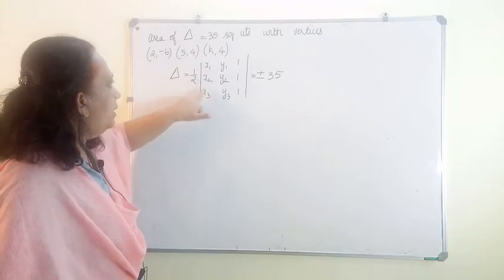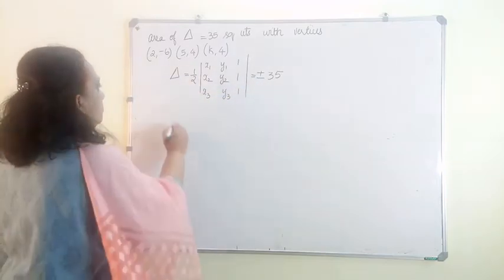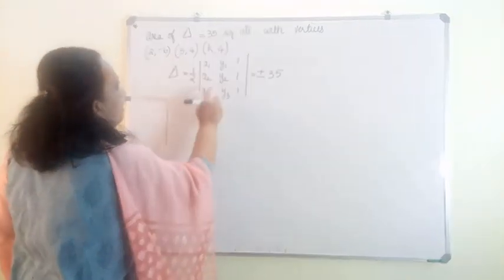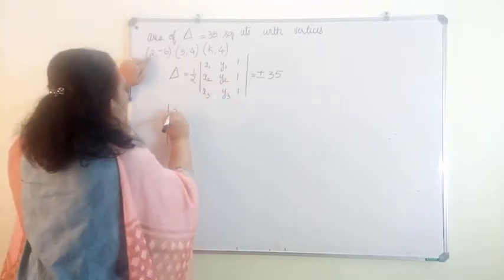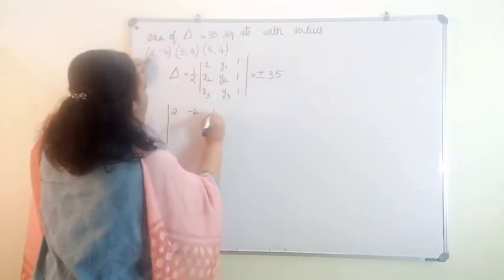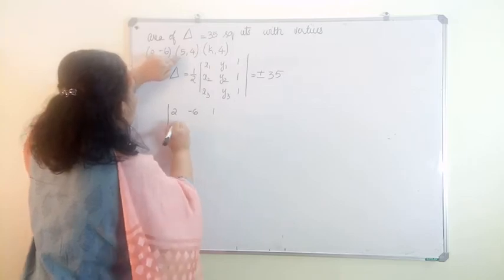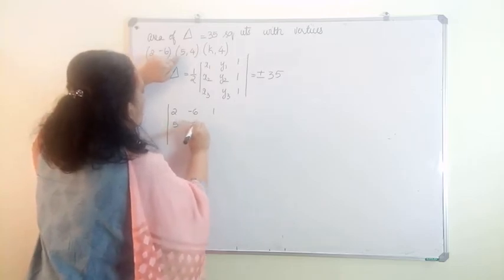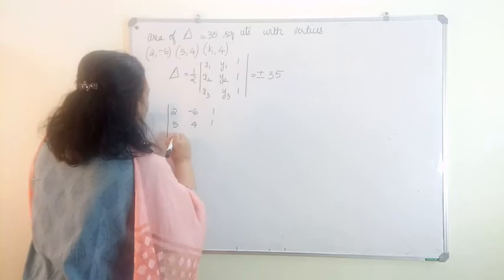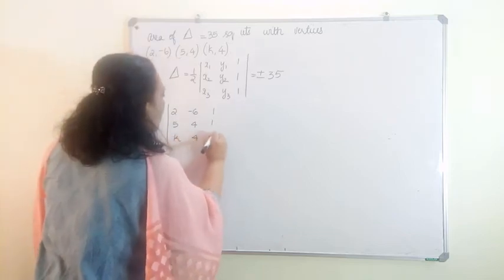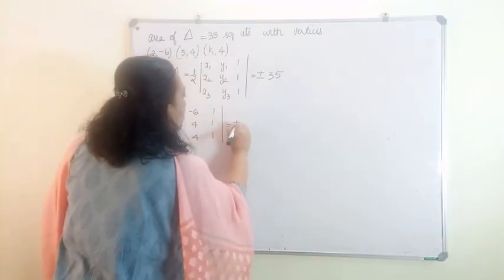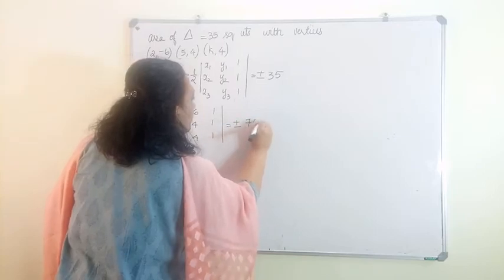This 2, 1 by 2, it goes to the numerator. I am substituting the vertices 2, minus 6, 1; 5, 4, 1; k, 4, 1 is equal to plus or minus 70.